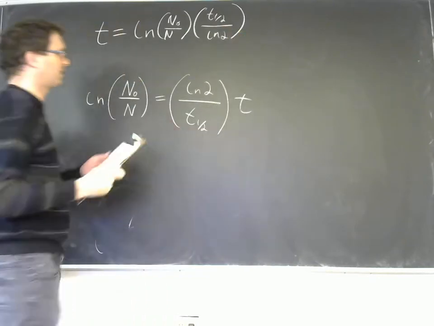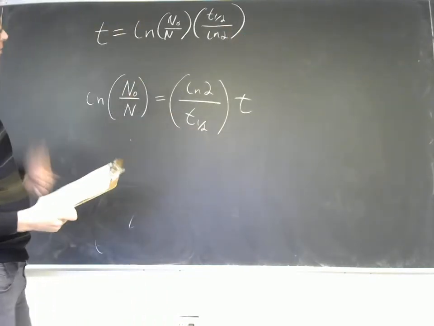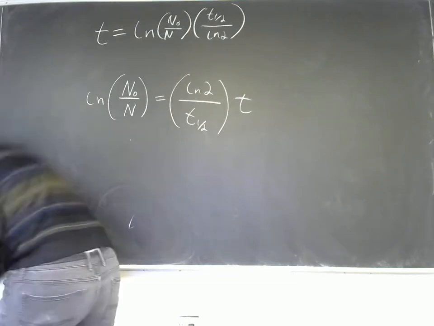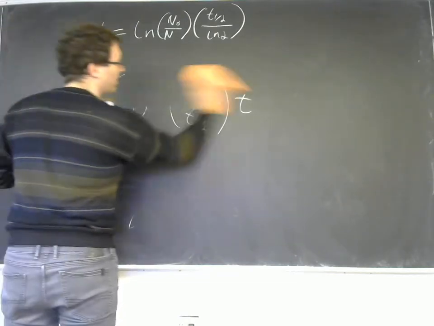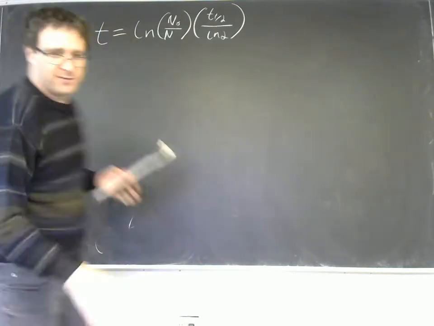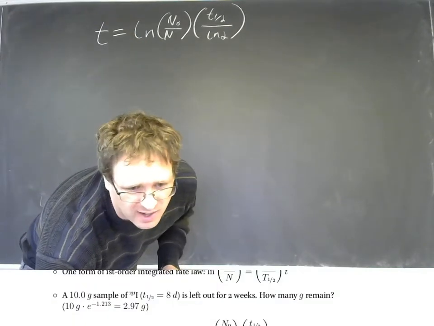Okay, and that's just what you get when you flip this over and bring it over to the other side. And so this is maybe a slightly more convenient form of that equation for answering questions like this one.